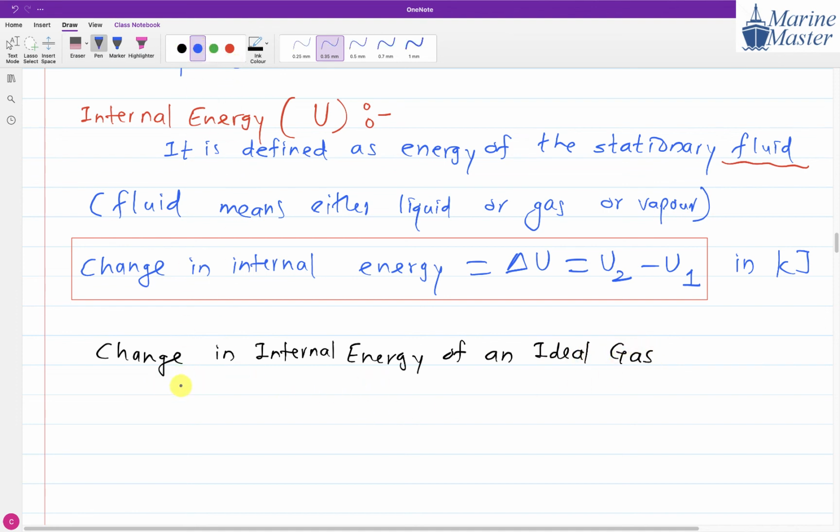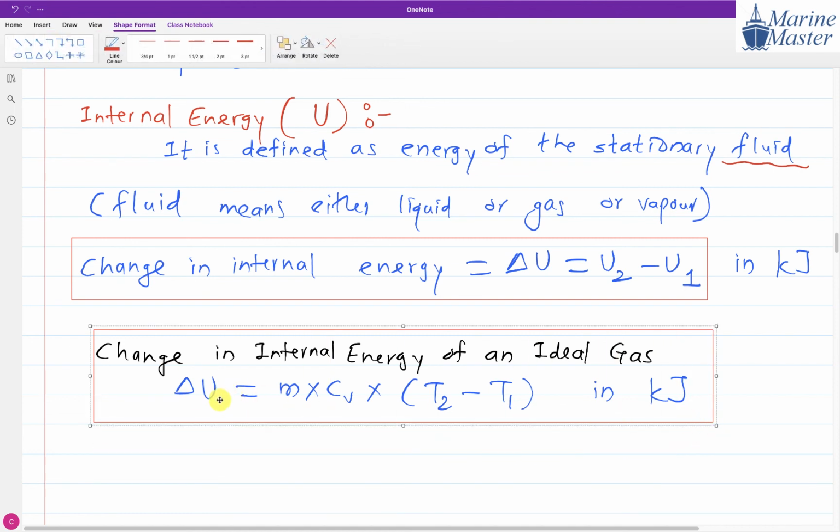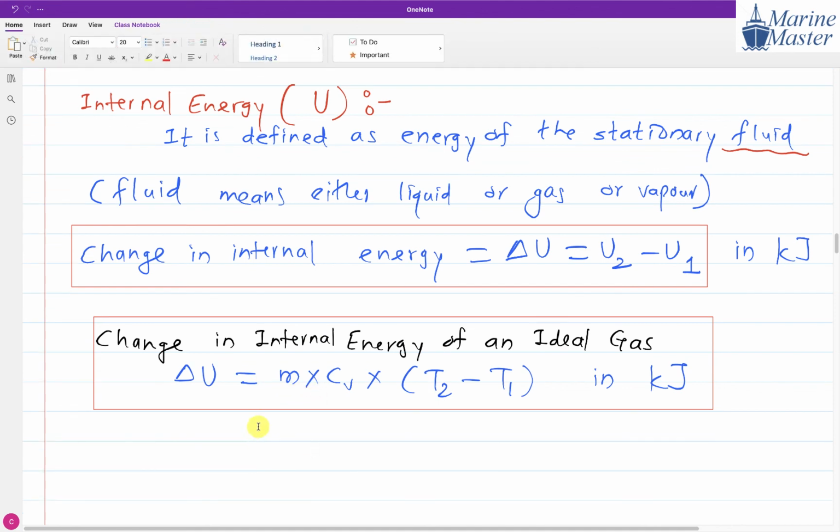Then delta U, that is U2 minus U1, will become m Cv (T2 minus T1), and its unit will be kilojoule.